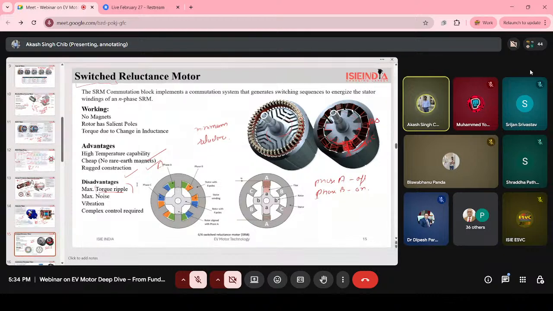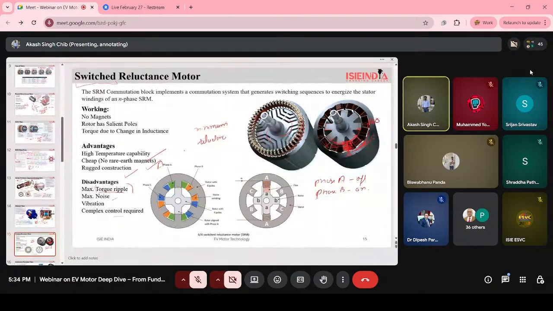And in this we have used iron parts, so there is a chance of maximum noise here. And due to heavy weight, it has vibrations as well, and it requires complex control as compared to the permanent magnet synchronous motor and the BLDC motor.